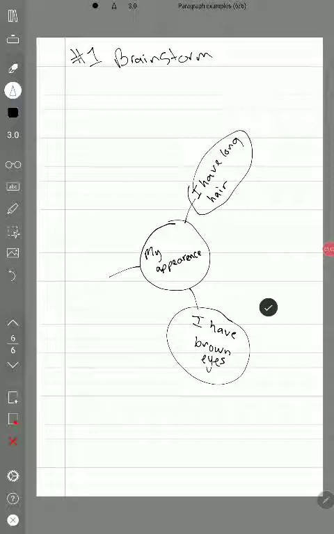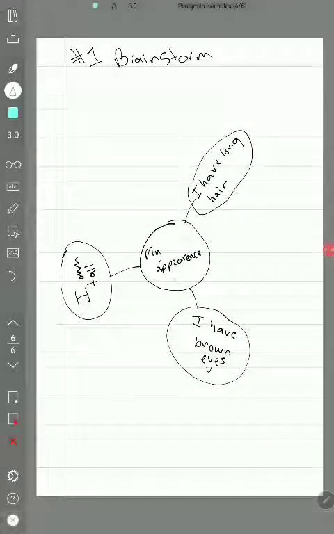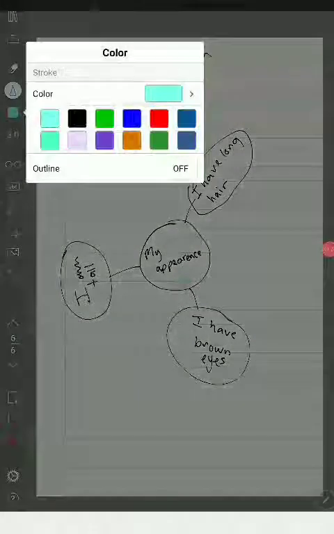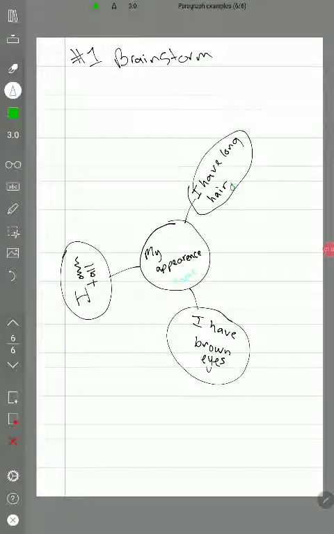And then I guess I'll say that I'm tall. Now I have 3 details that go with my topic. And remember that our topic is, what is our whole paragraph about? The paragraph is all about my appearance. These are my details.